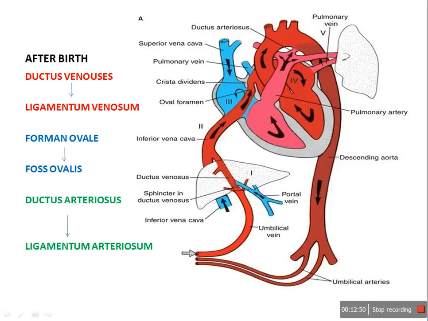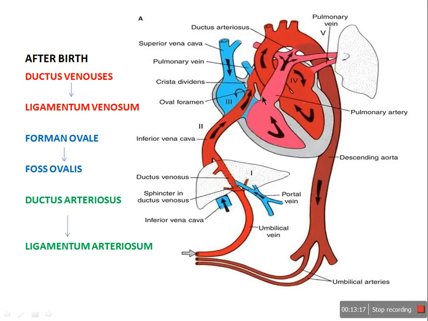So automatically the pulmonary artery pressure will also decrease, and as the pulmonary artery is connected to the right ventricle, the pressure inside the right ventricle will also decrease. So when the pressure inside the right ventricle is decreasing, blood from the right atrium can easily come to the right ventricle through the tricuspid valve.